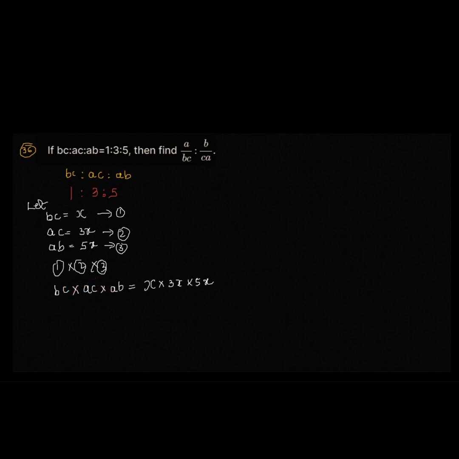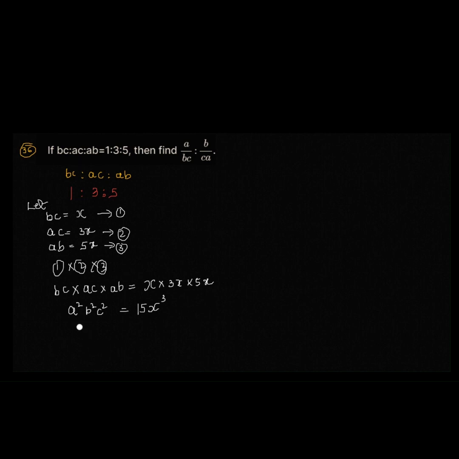So we get A square, B square and C square, which equals x cube. Now we need to multiply their coefficients. It is 1 and this is 3 and this is 5. So 1 times 3 times 5, which is 15x cube.